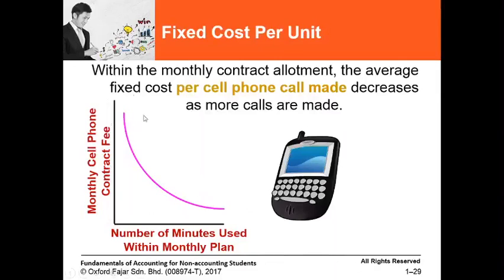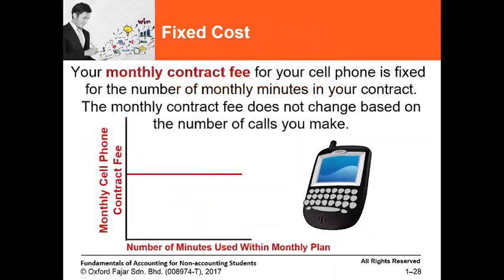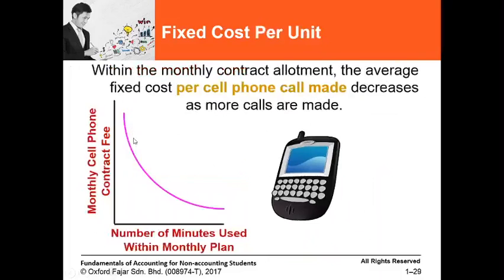So you need to understand there is a different relationship between the total fixed cost and fixed cost per unit. If you are looking at a total fixed cost, it will show you a straight line like this. But if you are looking at fixed cost per unit, it will curve down in the graph as illustrated in the slide like this.